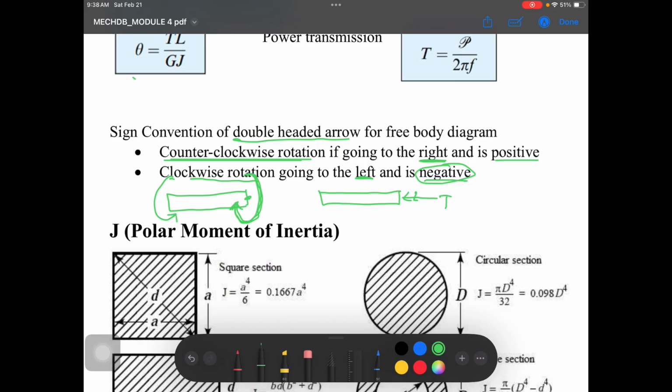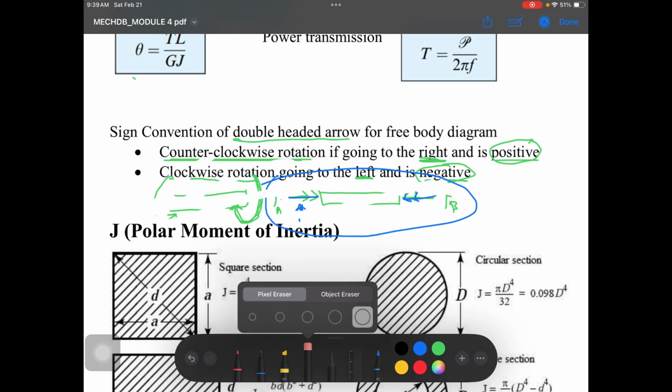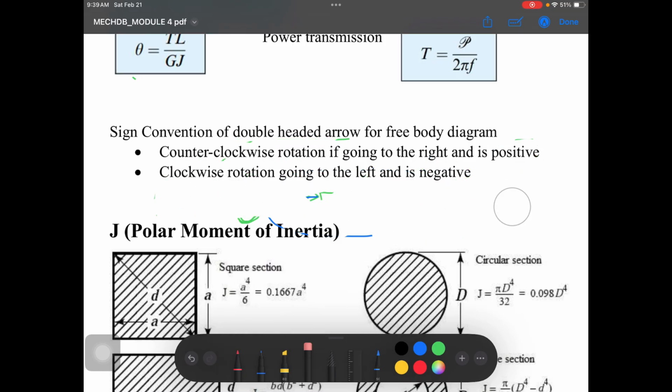So, for counterclockwise, going to the right ang double-headed arrow. And sa equations, positive siya. So, ganun na TA and TB. So, ganun gawin ang free body diagram kapag we use double-headed arrow and then counterclockwise is going to the right. Kapag clockwise, going to the left. Okay. So, now let's answer na mga problems.